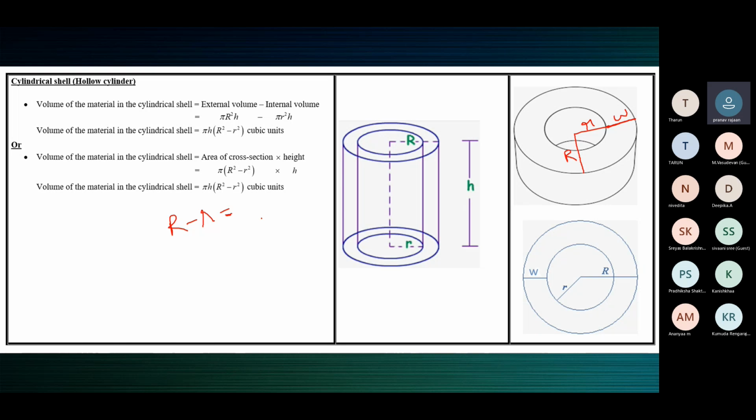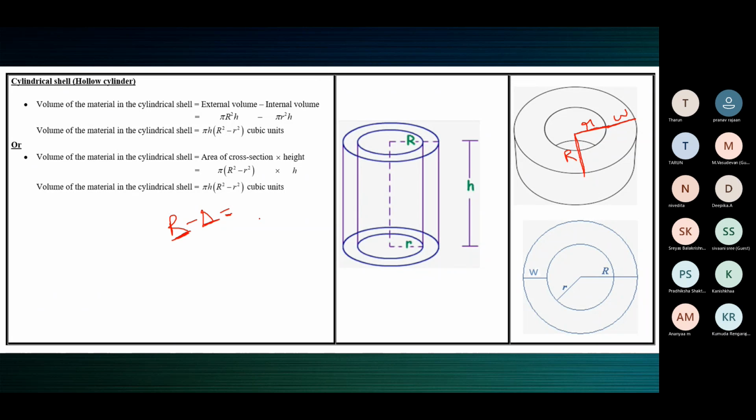Ma'am, bottom plus, ma'am, top minus base, ma'am. Sorry? Top minus base, ma'am. No. What will be capital R? Internal volume minus external volume. No. What is the value of capital R minus small r? What will you get when you subtract capital R minus small r?